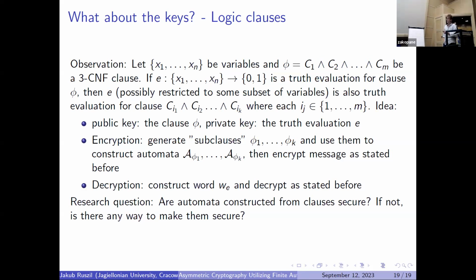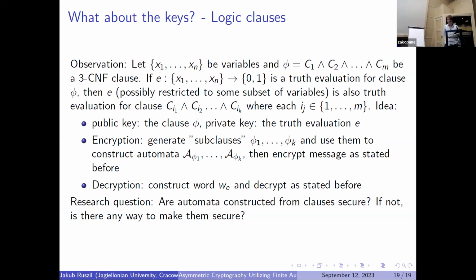So now the idea would be like that. The public key would be the formula phi, and the private key would be the truth evaluation E. I'm not an expert in logical clauses, but I suppose that generating clauses and truth evaluations may be far easier than generating automata.